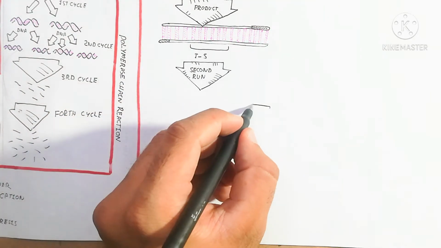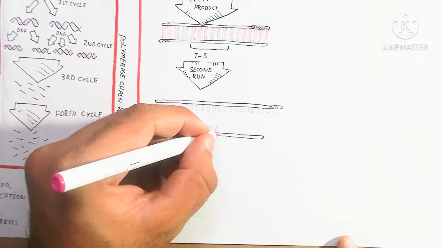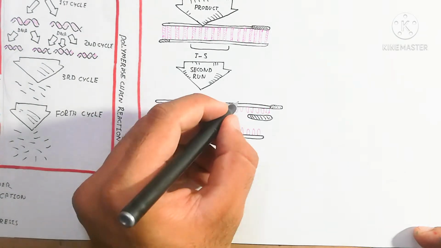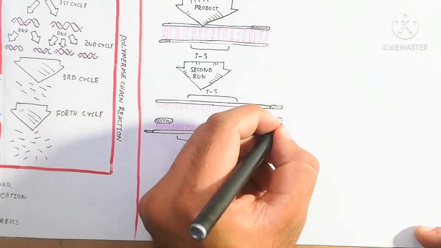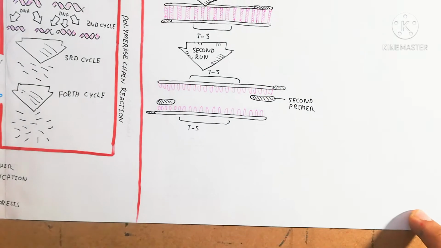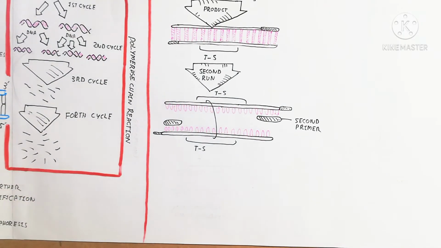After the second run, you can see that the second primer will be attached and the target sequence will be modified, and so that is why it is the modification of PCR by the nested PCR system, to improve the sensitivity and specificity.